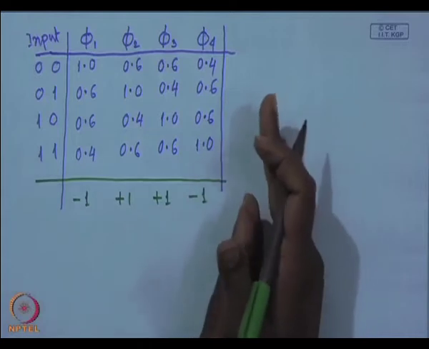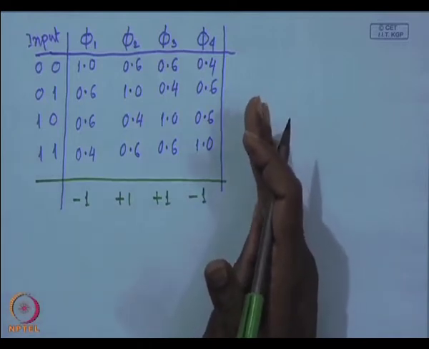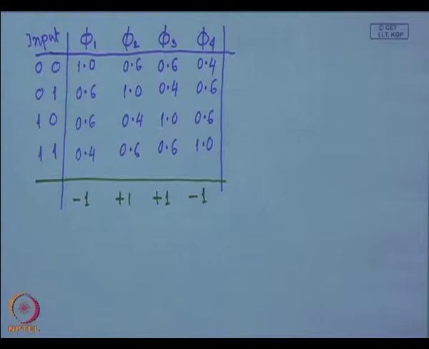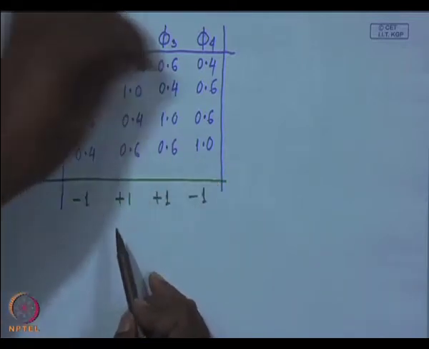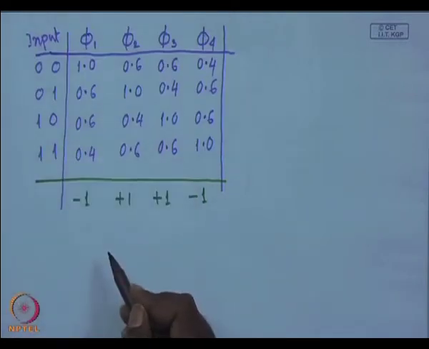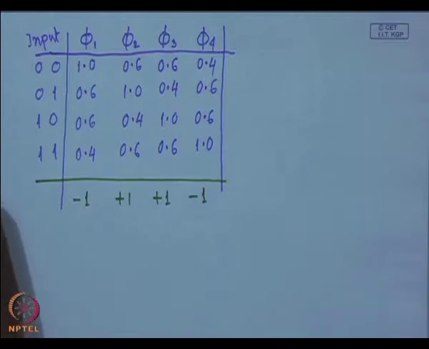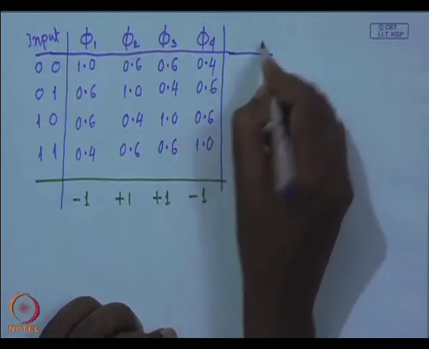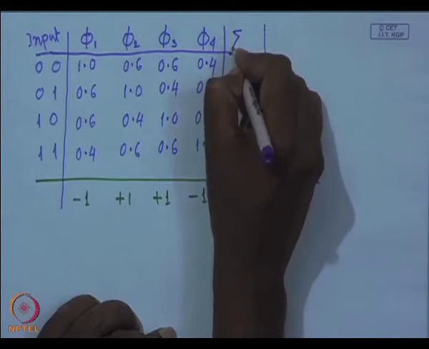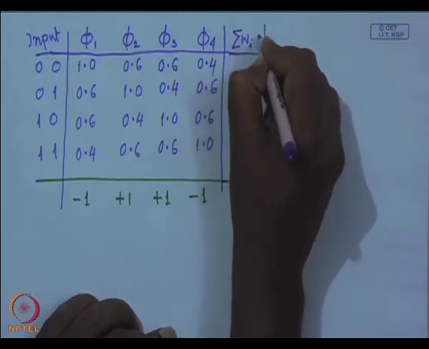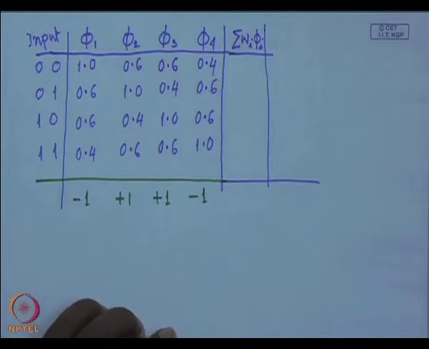So, the function that I will finally compute at a node in the output layer will be phi 2 plus phi 3 minus phi 1 minus phi 4. And if I compute this, let us see what are the values that I get. So, here I will write sum of W I times phi I, where I varies from 1 to 4.